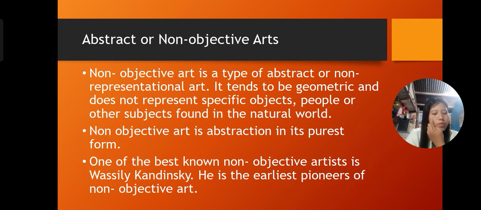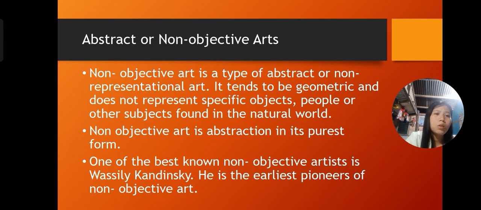The next is abstract or non-objective art. Non-objective art is a type of abstract or non-representational art. It tends to be geometric and does not represent specific objects, people, or other subjects found in the natural world. Non-objective art is abstraction in its purest form.